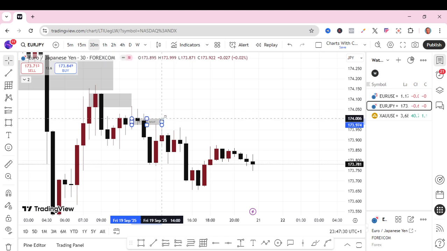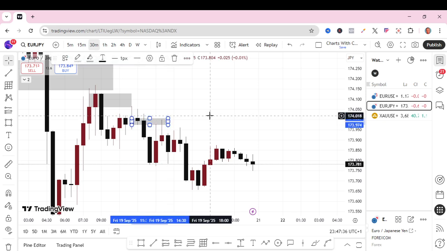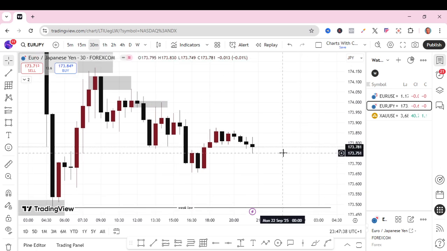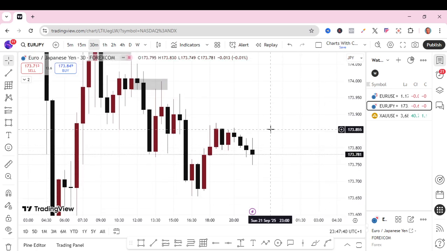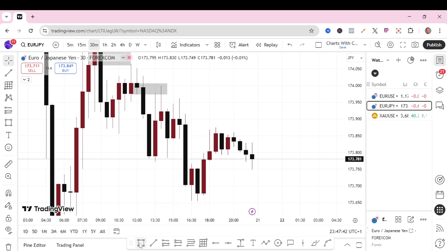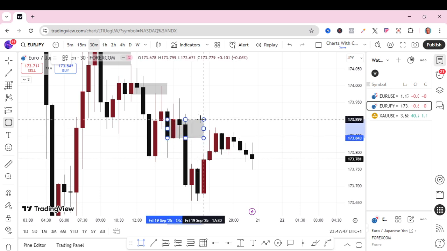Look at how price is mitigating the body of candlesticks. This would have been my sell POI, this zone here, but it's not my chart.